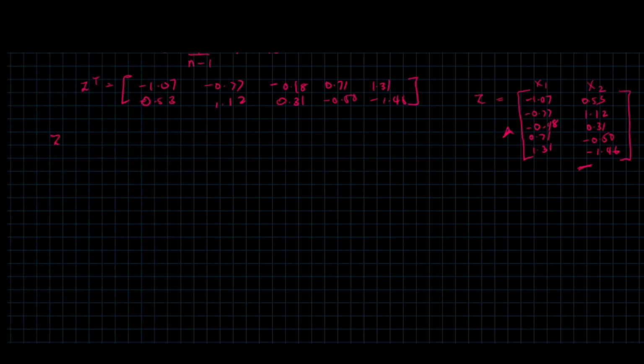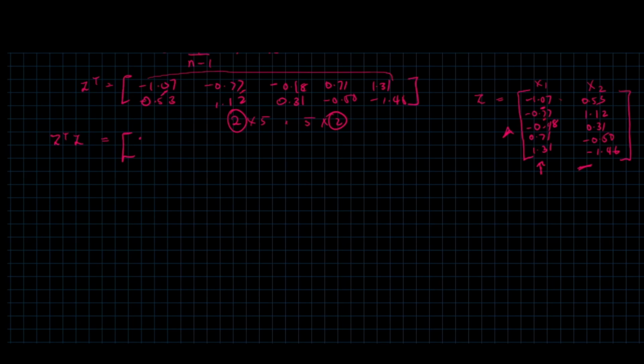Okay, now we can simply multiply z transpose times z. Now notice that this is a 2 by 5 matrix multiplying a 5 by 2 matrix, so the ultimate matrix will be 2 by 2. To get the first one here, you multiply this row times the first column here. That'll be this times this plus this times this plus this times this.